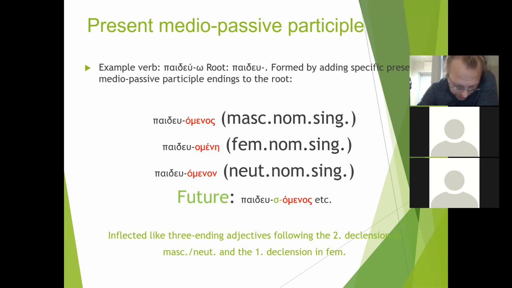While the future is again simply formed by placing the futural sigma infix between the stem and the ending. So here you can see the masculine nominative future medial passive participle form paideusomenos.